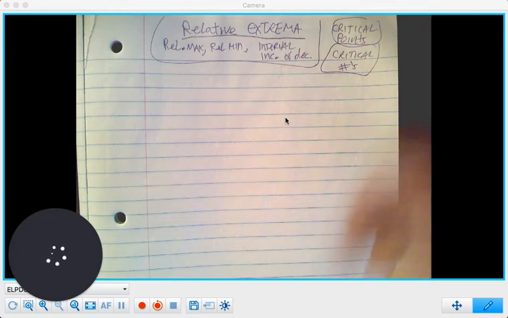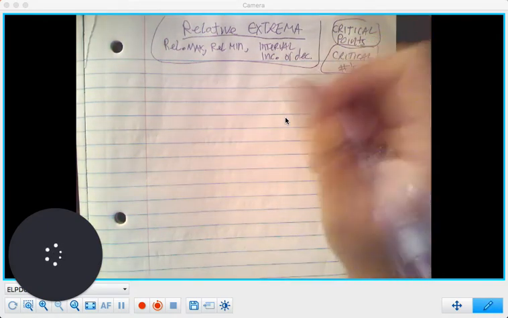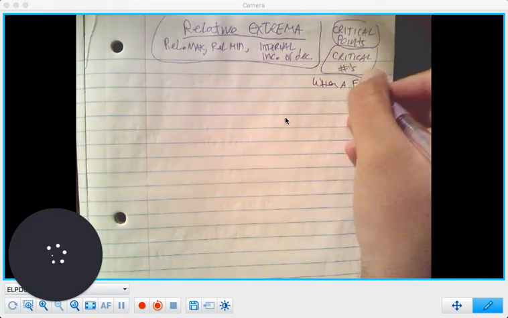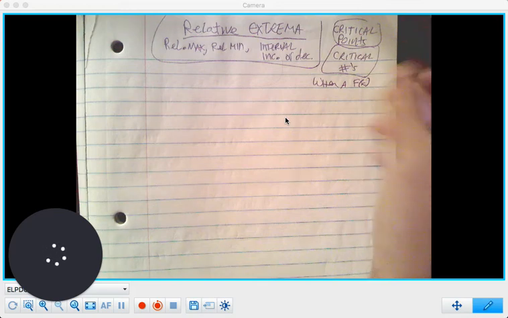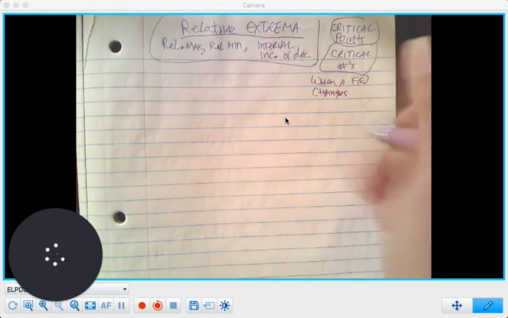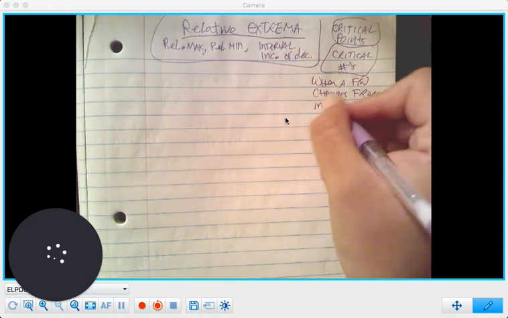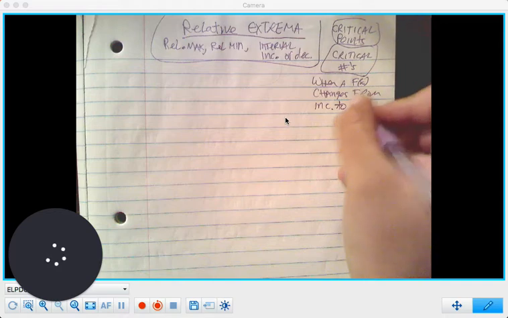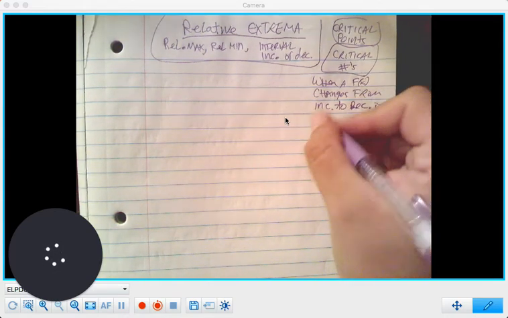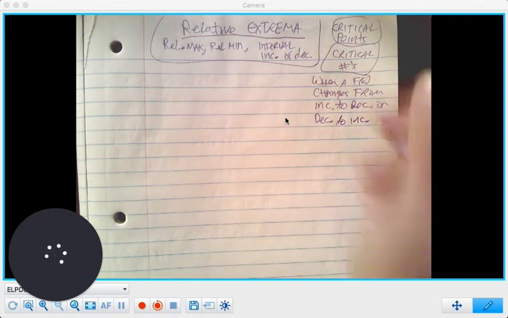A critical point happens when your function, f of x, changes from increasing to decreasing, or the other way around, decreasing to increasing.